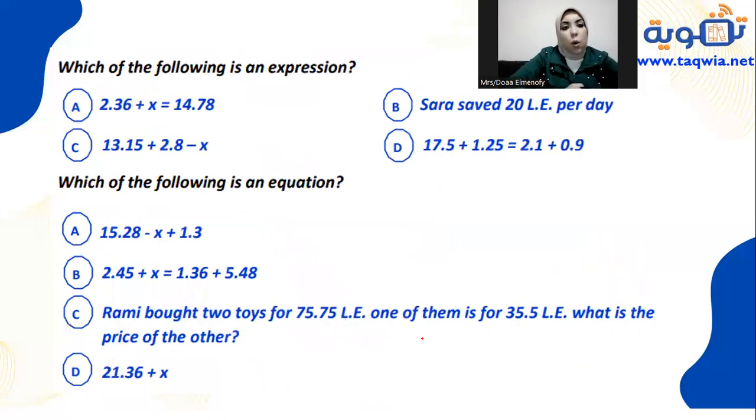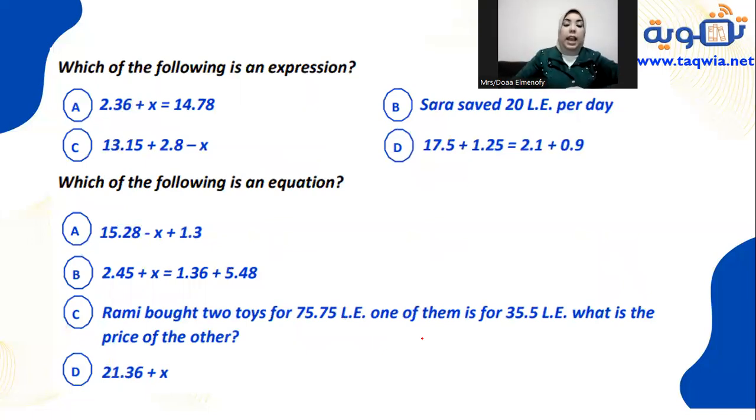Okay, which of the following is an expression? Let's remember together the difference between an expression and an equation. If we have an equals sign between the two sides, this is an equation.